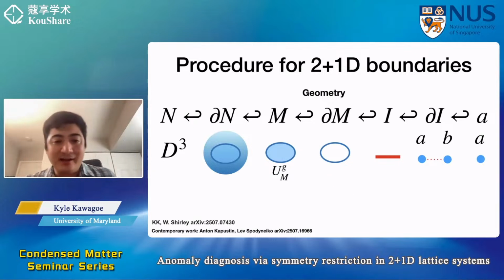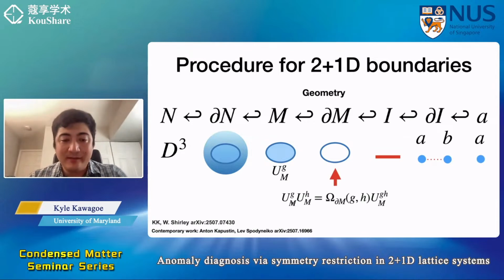So we have some restricted symmetry operator living on this disk, and then because we started with a representation, UG restricted to the disk times UH restricted to the disk is the same as UGH restricted to the disk up to this operator omega now living on the circular boundary. Okay.